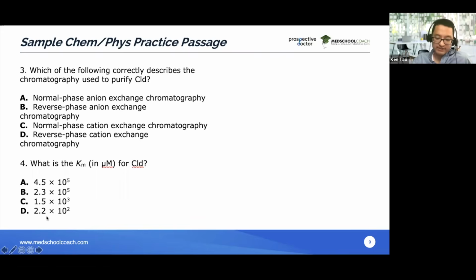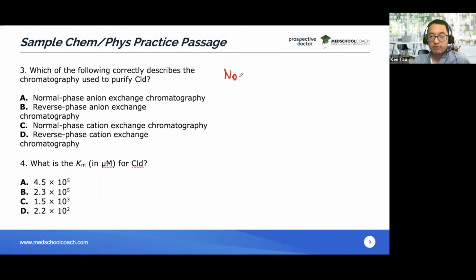All right, so in this case, the difference between normal phase versus reverse phase is based, so yes, it is true. It's polar versus nonpolar, but the thing is, both normal phase and reverse phase chromatography has polar versus nonpolar. The distinction is which one is used as the stationary phase and which one is used as the mobile phase.